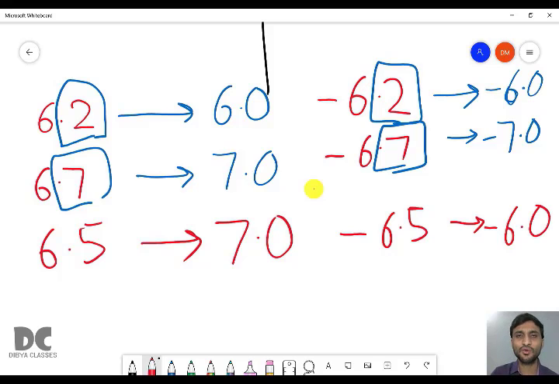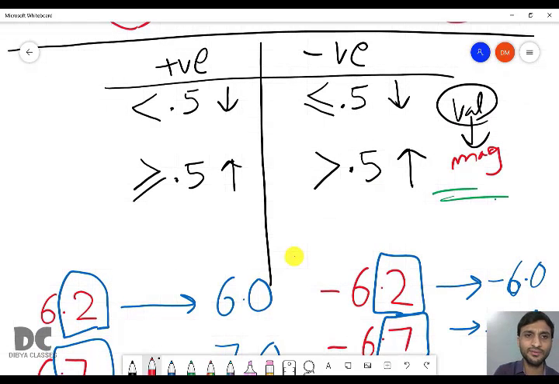Clear? So the only difference is in positive, less than 0.5 you will decrease it, but here less than or equal to 0.5 will decrease, similarly here greater than or equal to 0.5 will increase, and greater than 0.5 you will increase. Okay, clear? Understood?